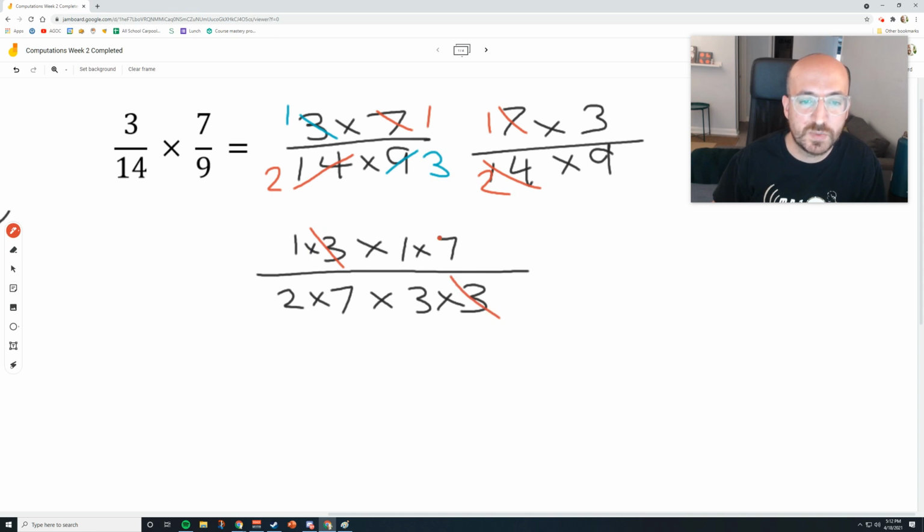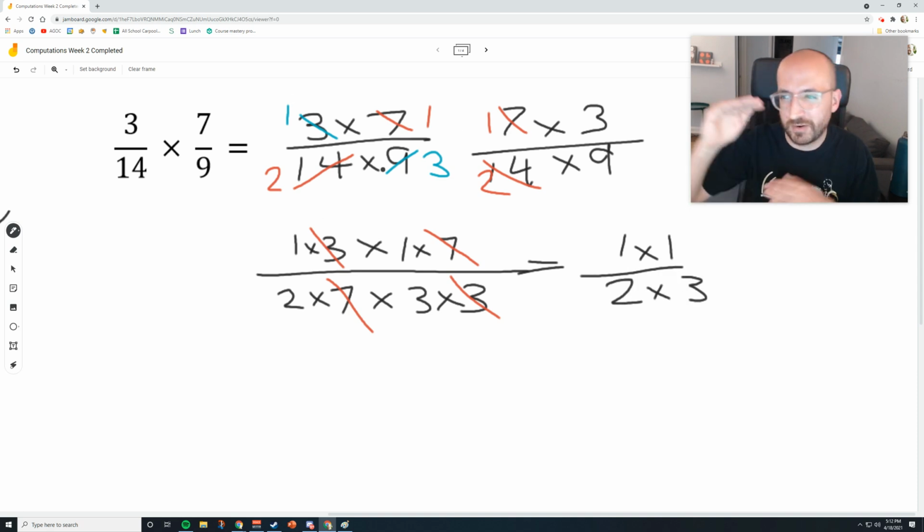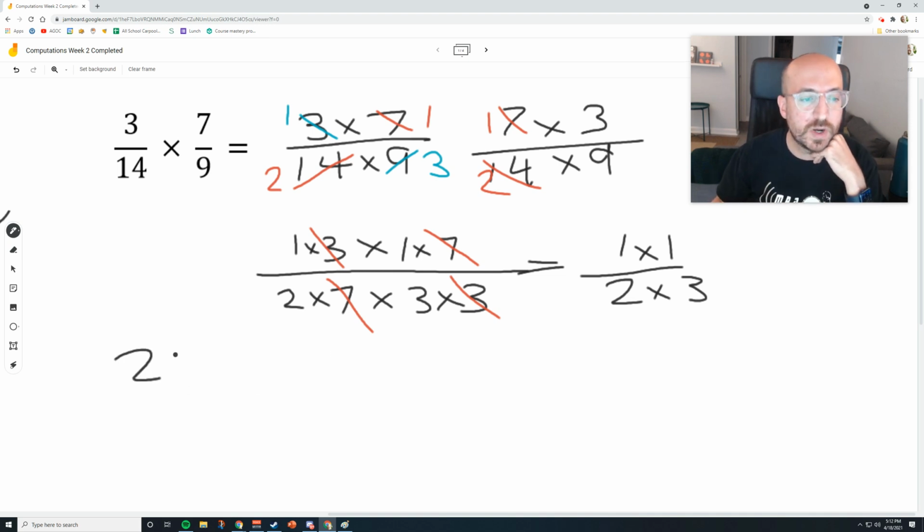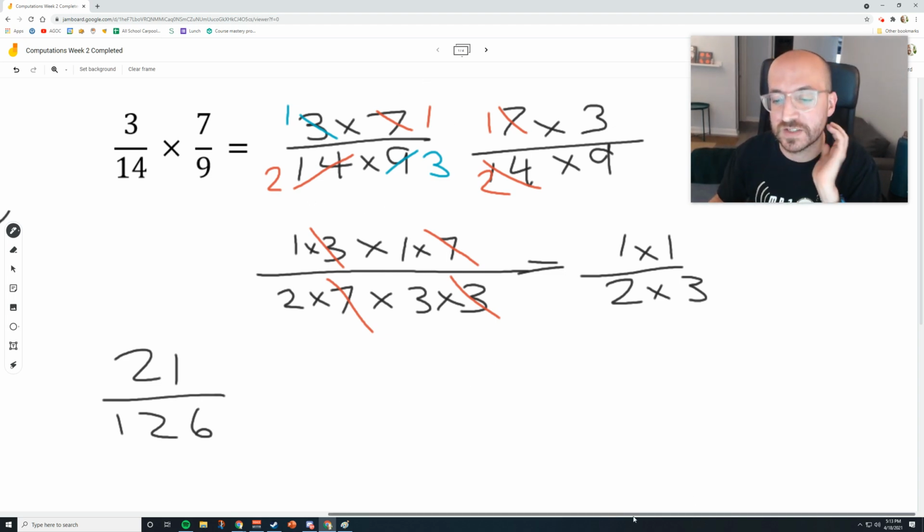And now we have 1 times 1 times 7, and then I'm going to divide that by 2 times 7 times 3. Well, I could cross off the 7 on the top that I'm also going to divide by. So then what's left? 1 times 1 over 2 times 3. That's what we're doing by crossing them off. We're basically saying, why multiply by a number and then divide by it? We're double doing the work. So instead of simplifying 21 and 126 at the end, we could simplify at the beginning by canceling out common factors when we multiply.